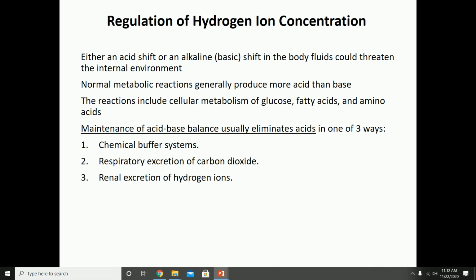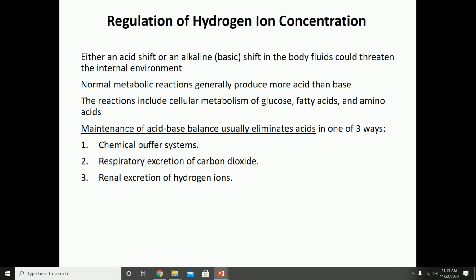So these are the different buffers that I just mentioned. Despite all of that hydrogen that our cells are producing due to the burning of glucose or incomplete oxidation of fatty acids or the ones we discussed in the previous slide, we are able to maintain an alkaline level of pH due to a chemical buffering system, which is the fastest of these, and that is our first defense.